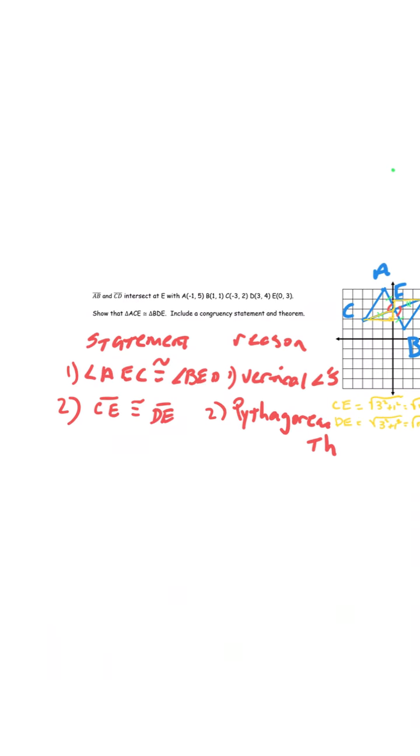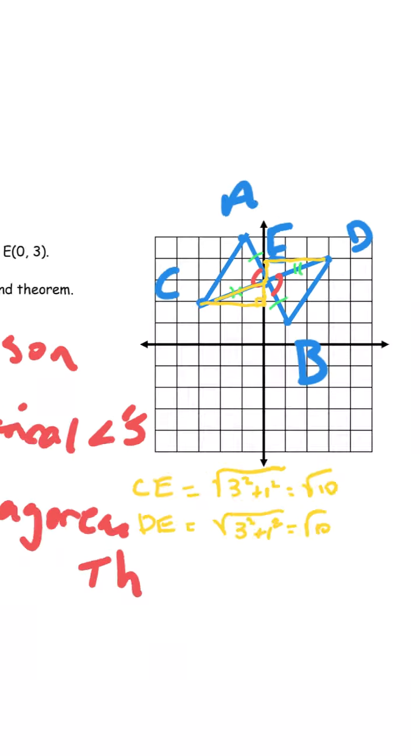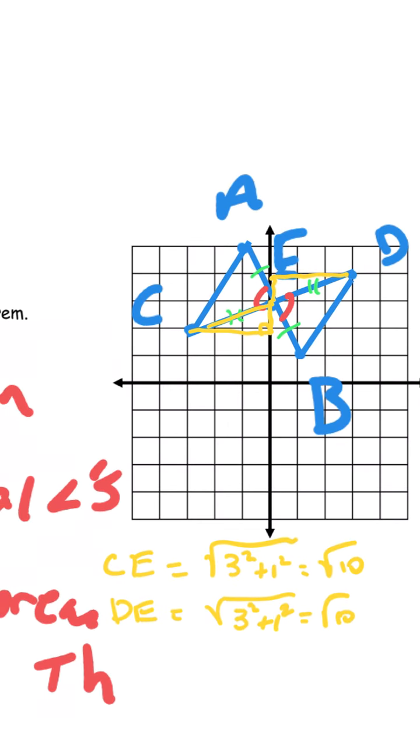Now, I've shown that. So now I need to go back up in here and show that AE is congruent to BE. I'm going to see if I can erase some of this stuff because I've got a lot of junk going on in here. Remember, this is congruent to this, and now we're trying to show that these two are congruent. Now, I'm going to again create my right triangle. So I've got 2 by 1.